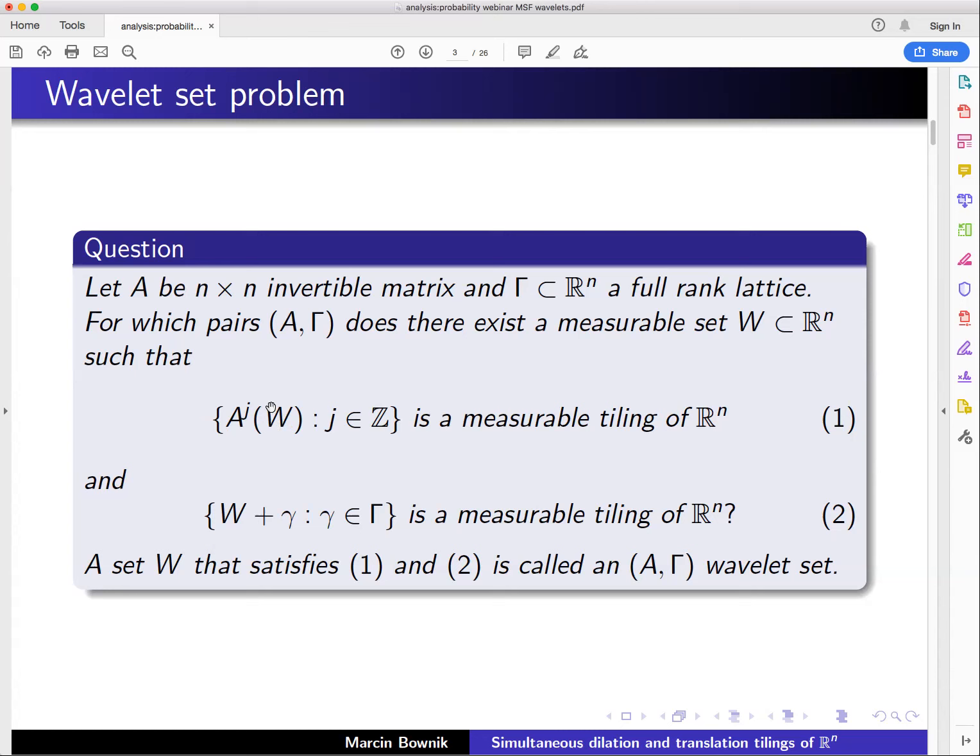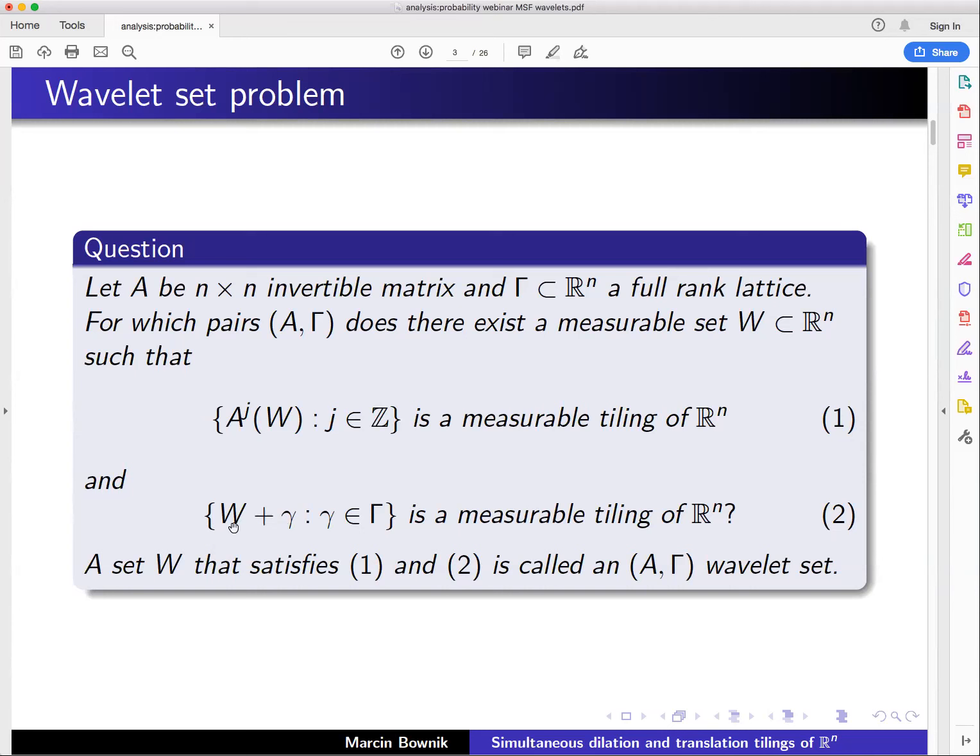When you take the dilates of W by integer powers of A, you get a measurable tiling of R^n. Measurable tiling means that you don't care about sets of measure 0. So the union of those A^j W is the whole R^n, and for different values of j, these are disjoint up to sets of measure 0.